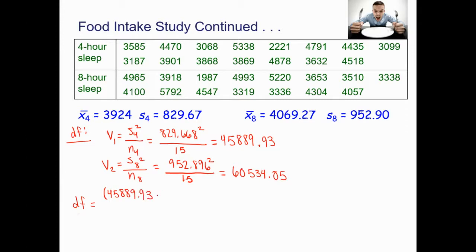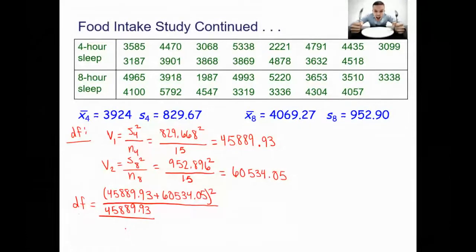45,889.93 plus 60,534.05 squared divided by 45,889.93 over, now we need to do N1 minus 1. So each of our N's up here are 15. So 15 minus 1 is 14. And I forgot to square this.